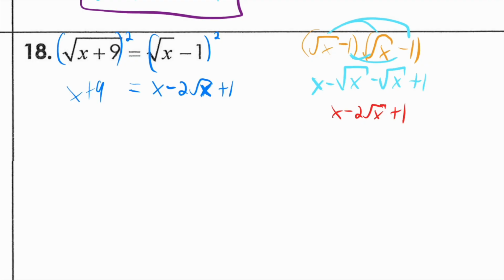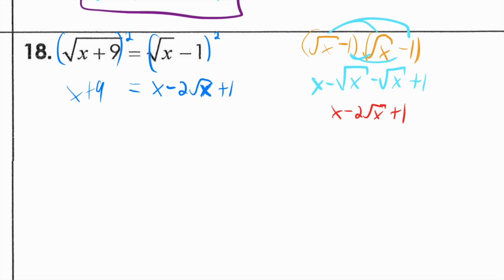And now we have to solve this a little bit differently. Since we have a square root rather than a square, we're not going to get it set equal to 0. Instead, we're going to do what we do every time we have an equation with a radical, which is isolate the radical.